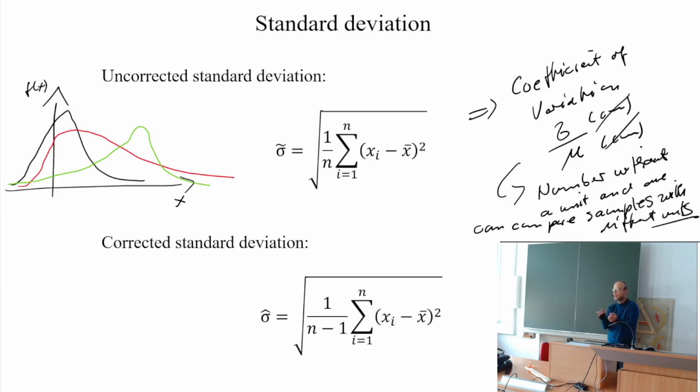And if we take only the variance or the mean absolute distance, then we have no information: is there some long tail, and is there a part where we have much more probability mass?